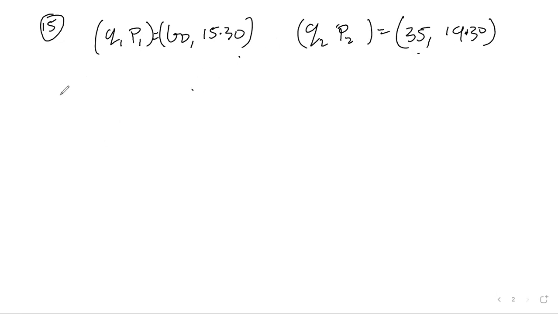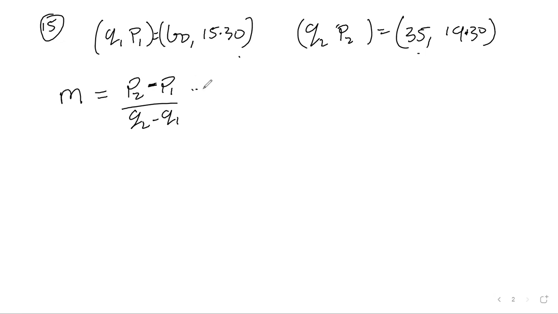So first things first, we find the slope of our line, which will be (P2 minus P1) over (Q2 minus Q1). Remember that Q and P are representing X and Y, like in our normal Cartesian plane. This case is now a demand and supply graph.